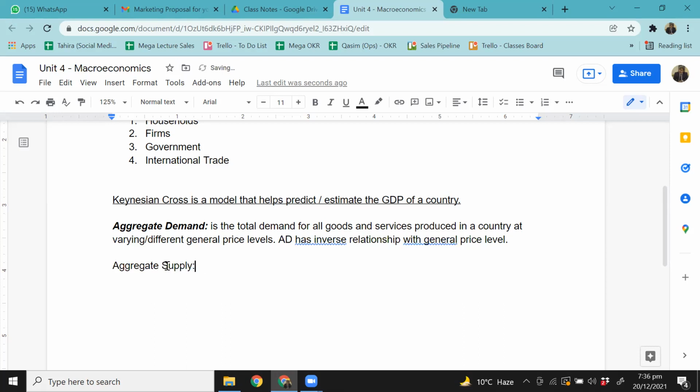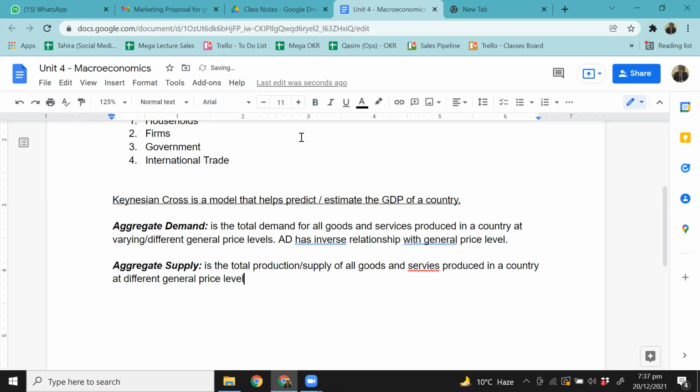Now, what is aggregate supply? Aggregate supply is the total production or supply of goods and services produced in a country at different general price levels.